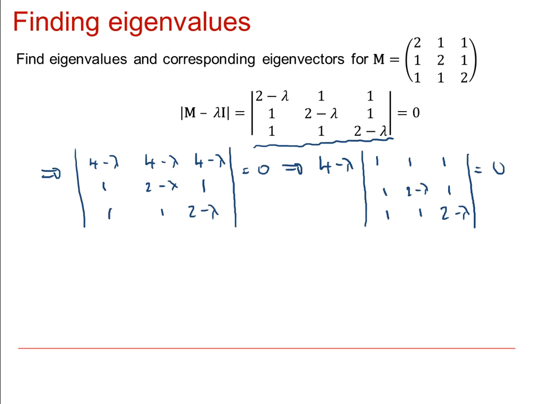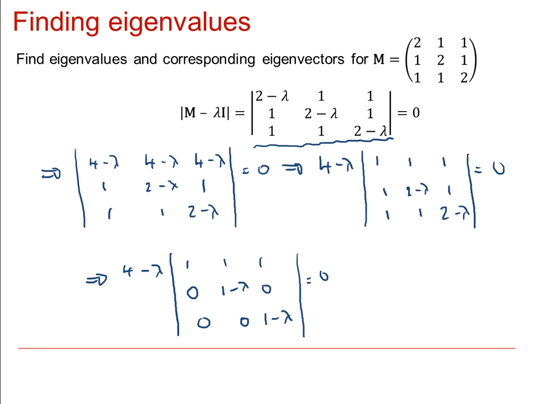And further from that, if we now subtract that top row from each of the second and third rows, we get the following, where we're subtracting 1 from every element in each of the second and third rows. So the first row is still 1, 1, 1, but the second row becomes 0, 1 minus lambda, 0, and then 0, 0, 1 minus lambda.